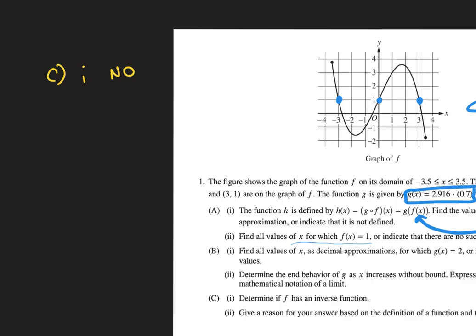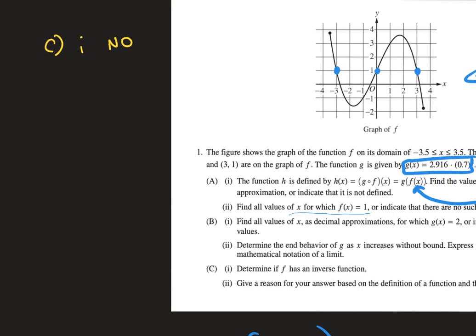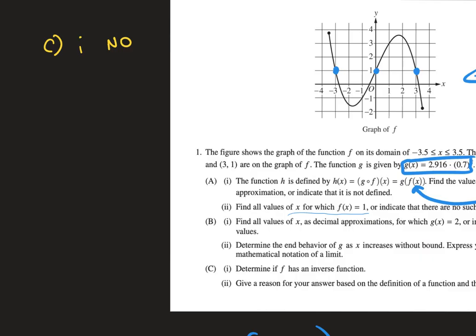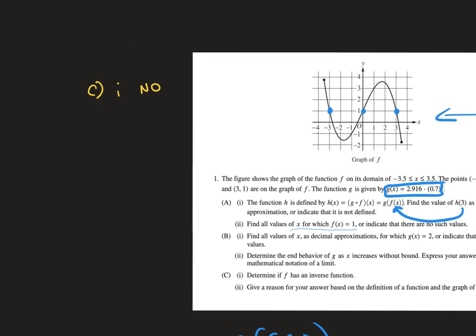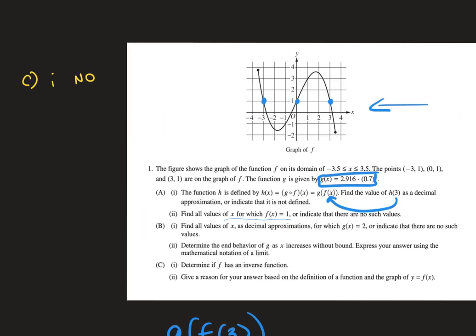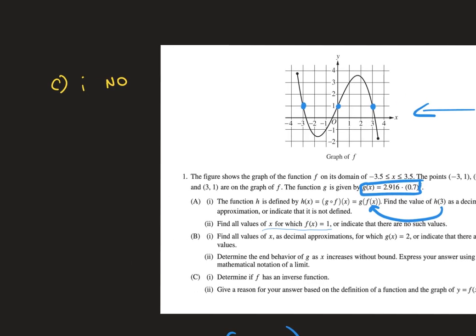Okay, horizontal line test is how we test for it, right? If it crosses through here, it fails. But the explanation on it, and this is where it gets trickier because you have to include a whole bunch of stuff. It says give a reason for your answer based on the definition of a function and the graph of y equals f of x.